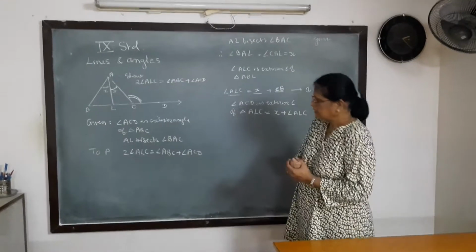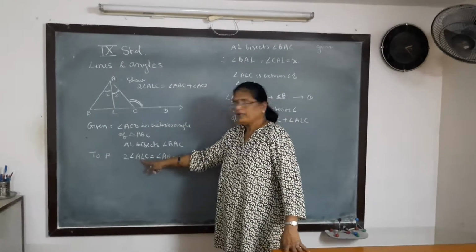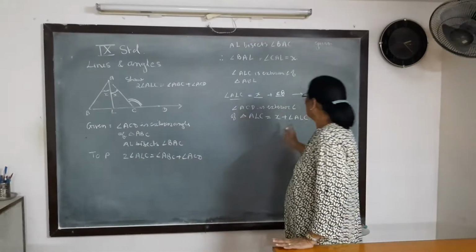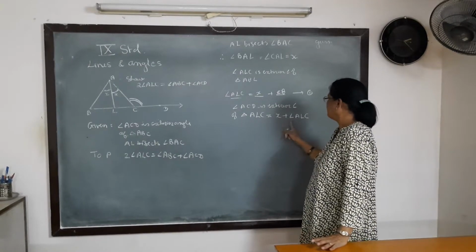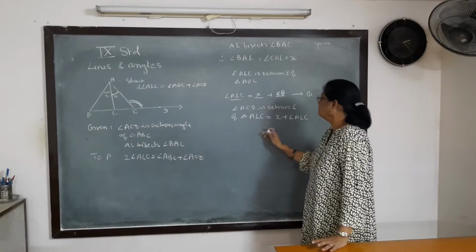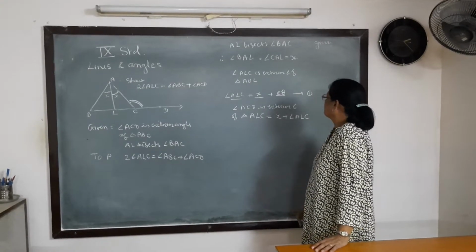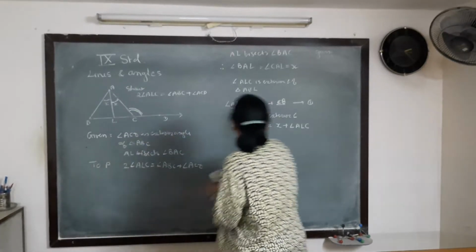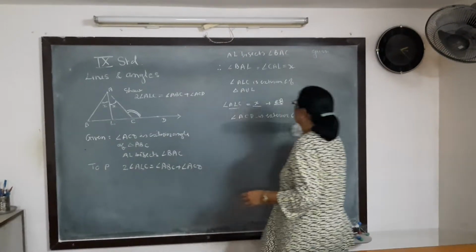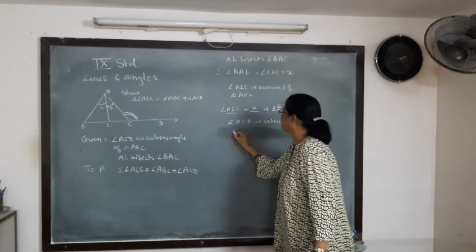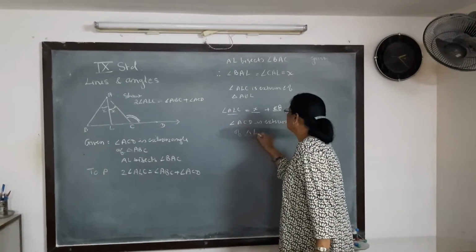However, we need to add ALC plus ALC so that I get twice ALC. So I convert this statement in such a way that I get ALC is equal to. For that, I will carry x to this side. Angle ACD is exterior angle of triangle ALC.